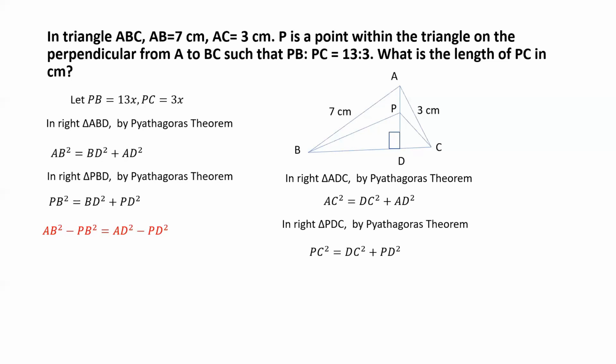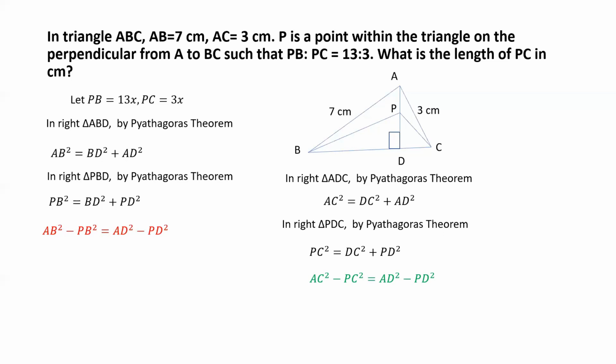Now notice that in these two, DC square is the common term. So we can get rid of that term by subtracting these two equations, and we get AC square minus PC square is equal to AD square minus PD square.